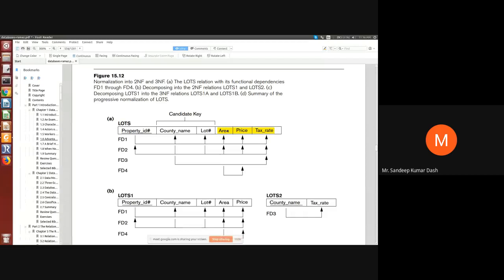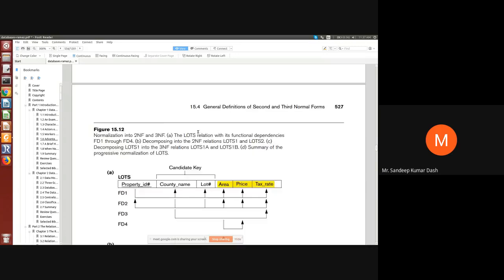You have to check the non-prime attributes. Area, price, tax rate are dependent on both lot number and county name. So this is perfectly acceptable. These are full functional dependencies again. Area, price, tax rate are dependent on both the prime attributes. Fine. The definition also said that.